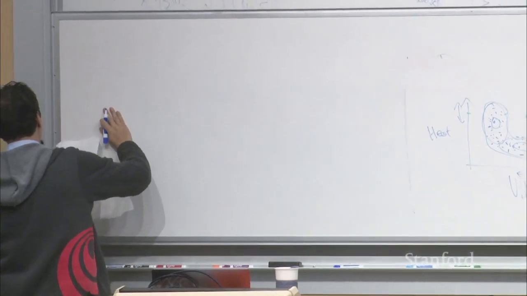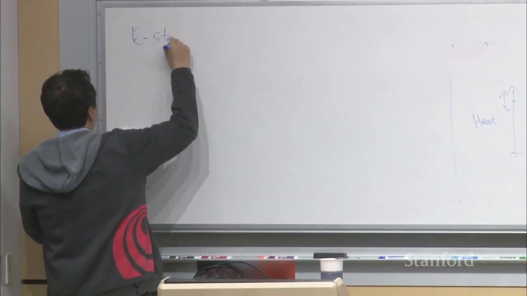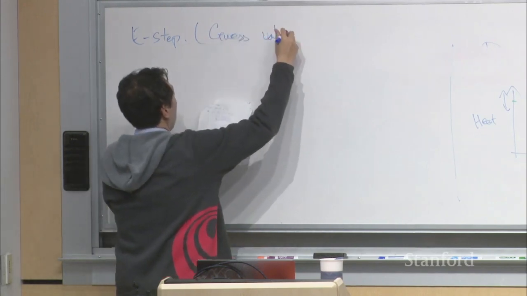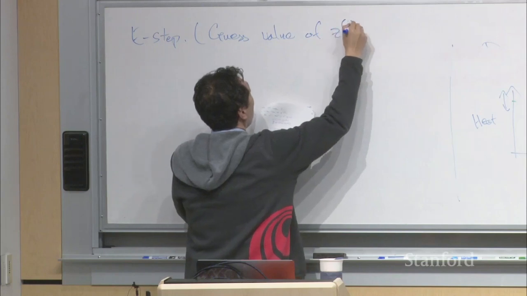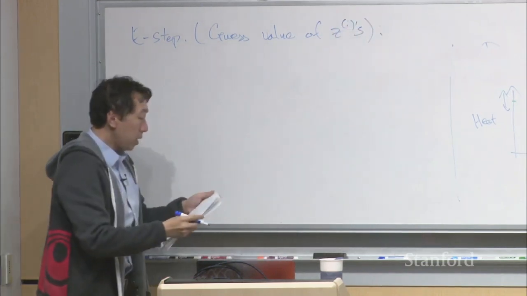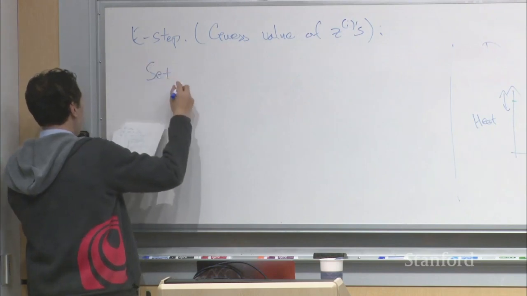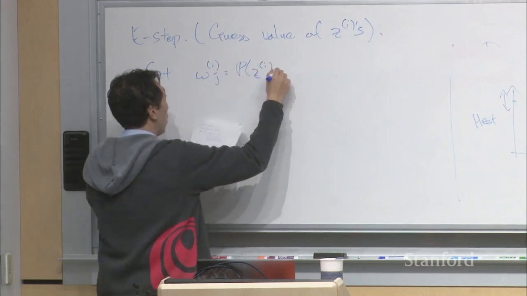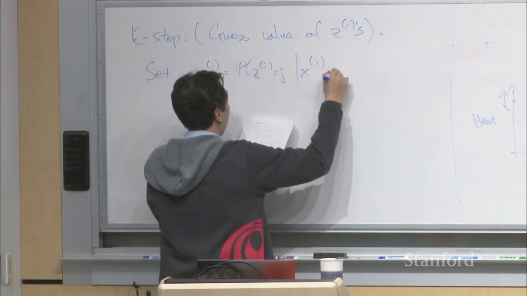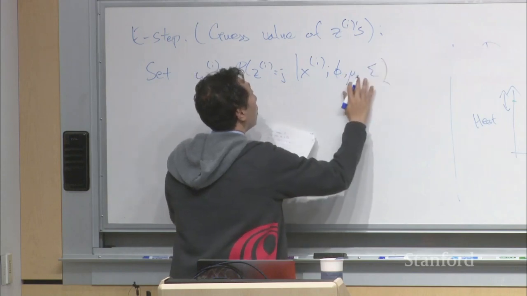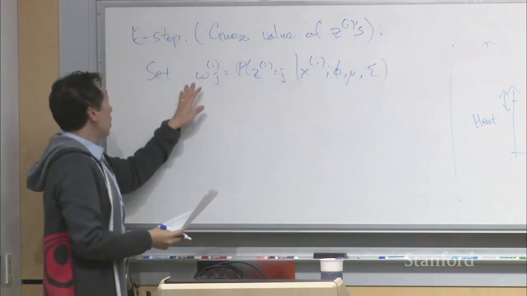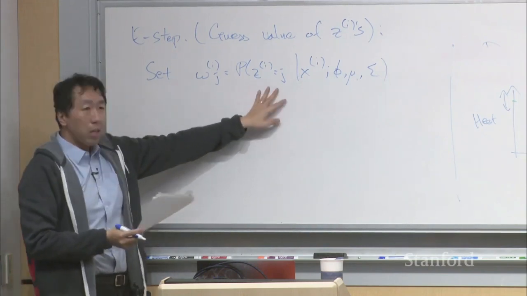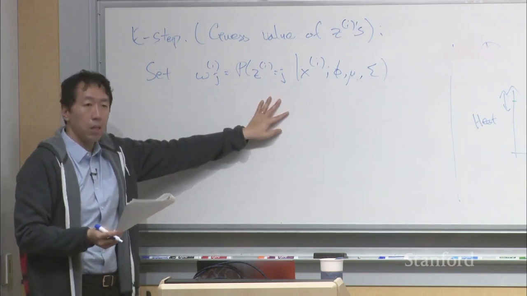So the EM algorithm has two steps. The E step, also called the expectation step, is set w_ij. So w_ij is going to be the probability that z_i is equal to j, okay?